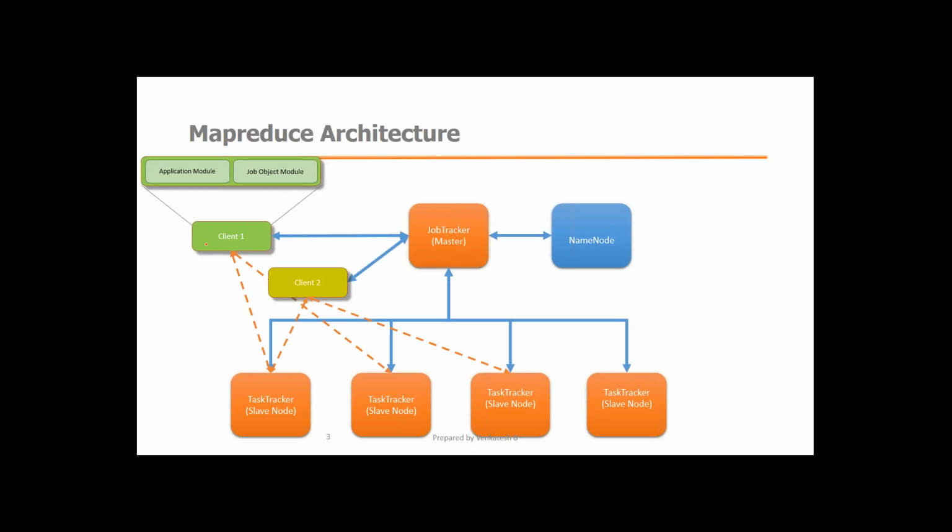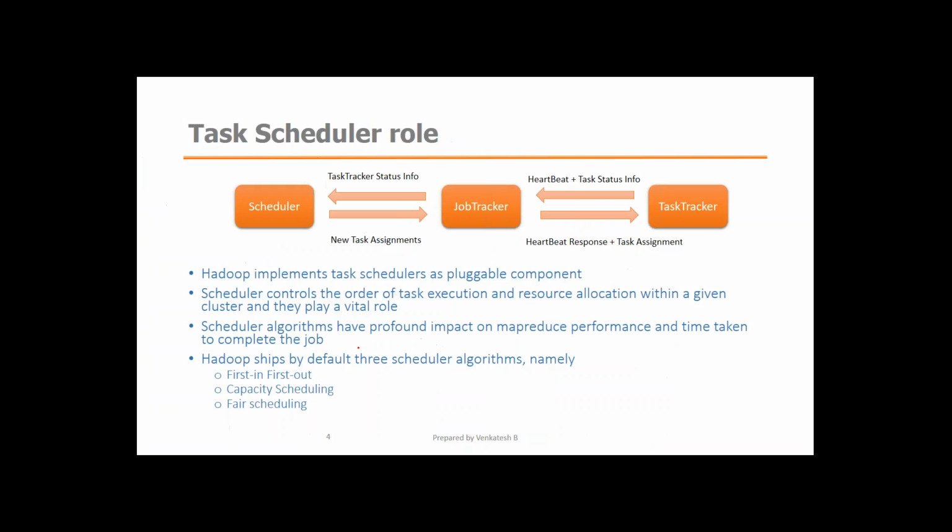We can have multiple clients talking to the same cluster, where multiple computation requests might be happening in parallel. Let's come to the internals of the job tracker. The job tracker internally has a component called the scheduler. This is a core component. Here I have shown the scheduler outside, but it is actually part of your job tracker.